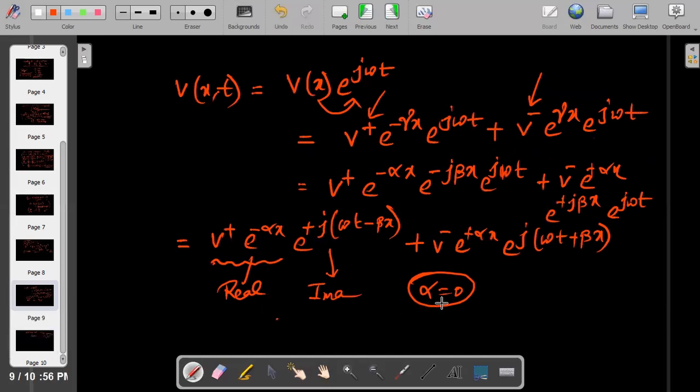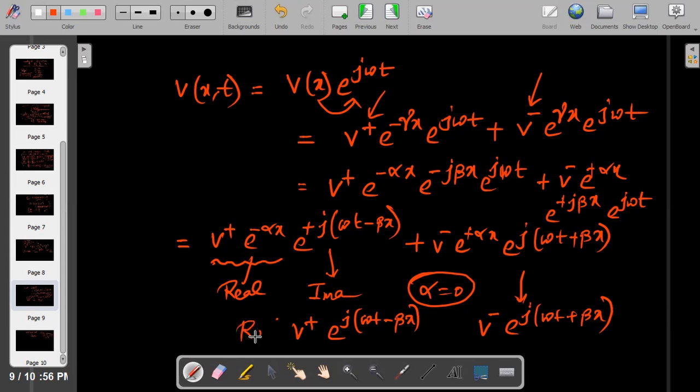If alpha is equal to 0, we can get this is V plus e to the power j omega t minus beta x. And here we will be getting V minus e to the power j omega t plus beta x. Now, if you write the real part of this one, this is nothing but V plus cos of omega t minus beta x, right?